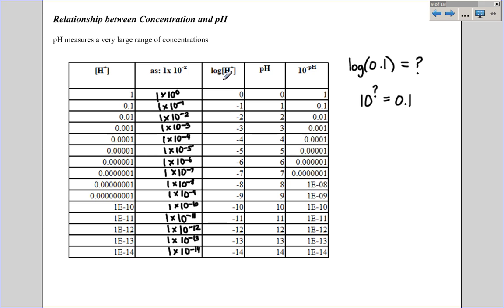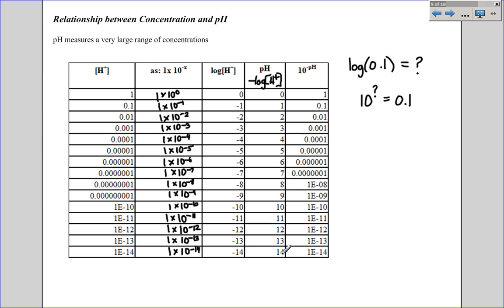So we're going to work with logarithms, but we're not just going to take the log of the concentration in order to come up with the pH. What we're going to do is take the negative log of the concentration of H+, and that will give us the pH. So if we take the negatives of all these numbers, what we see is our pH scale.